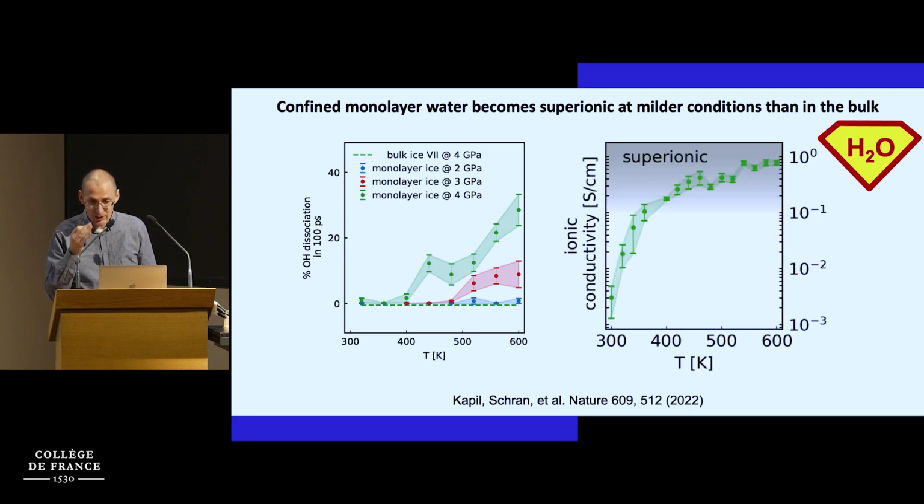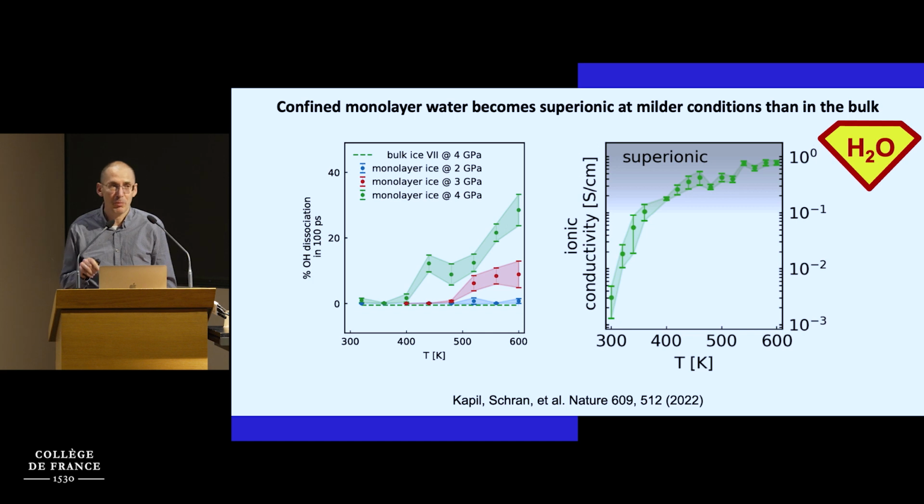There are standard techniques that you can then use to estimate the ionic conductivity, and when you make a Green-Kubo estimate of ionic conductivity, what you find is that you're getting into the superionic regime at about 500 Kelvin in this system.